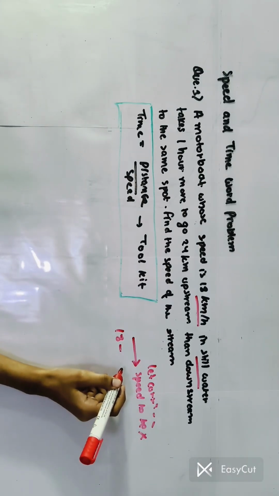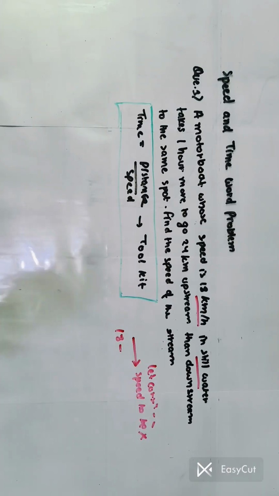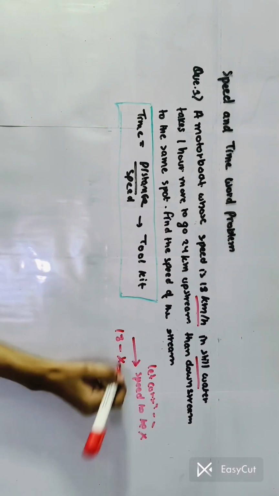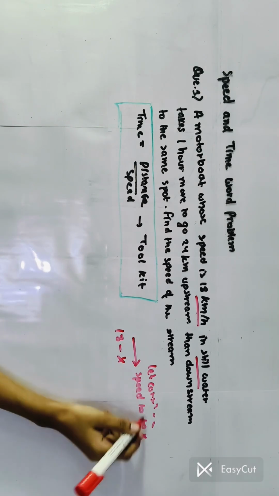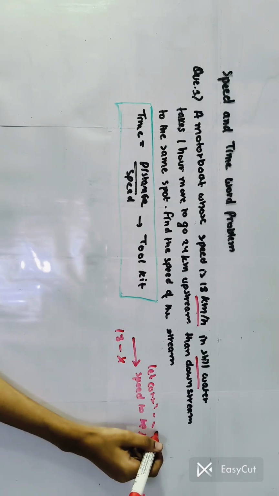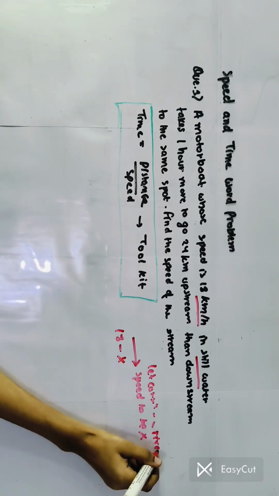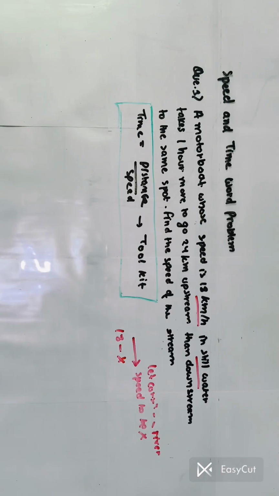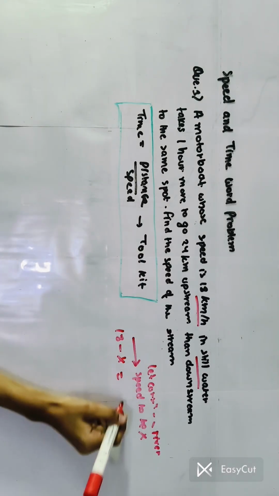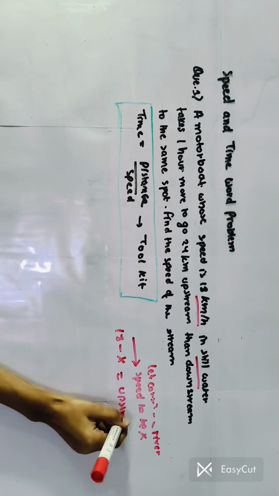So when we go upstream, there is a force against you, and that force is also a speed, and that speed is of the water, and that water has x speed. It's the rivers or whatever water bodies' speed which flows. Okay, so this happens when we go upstream.